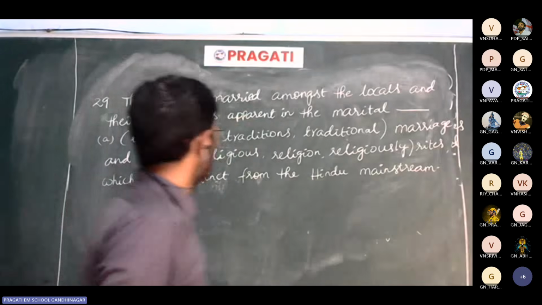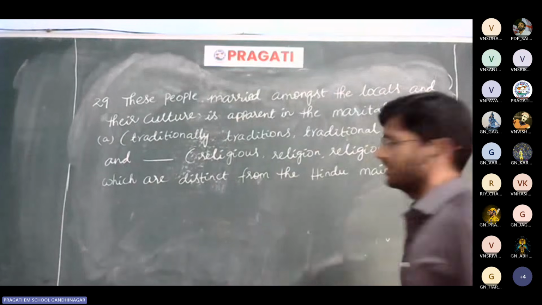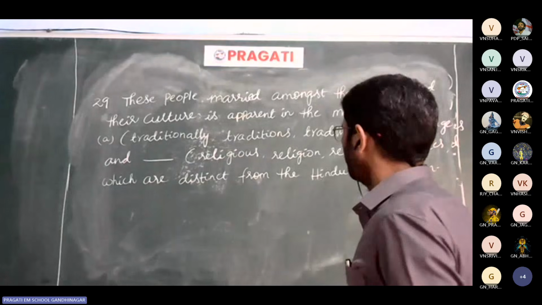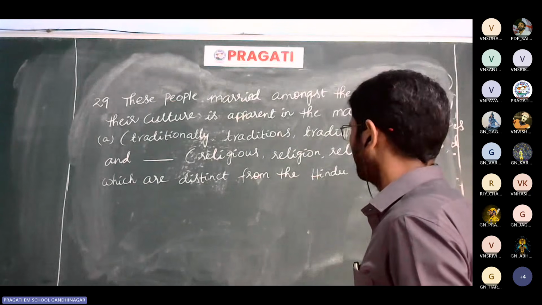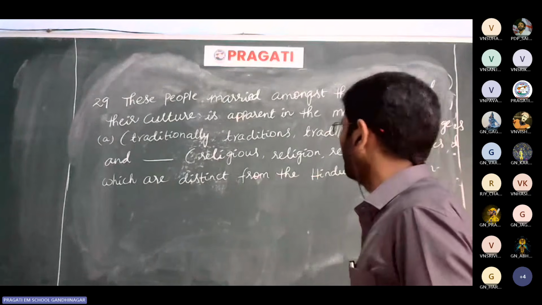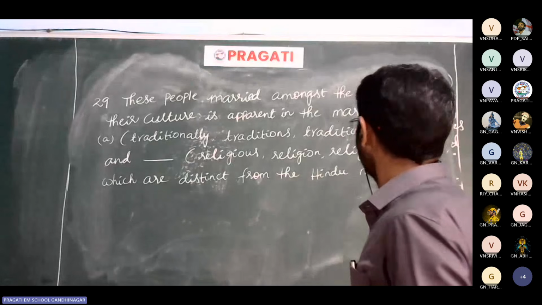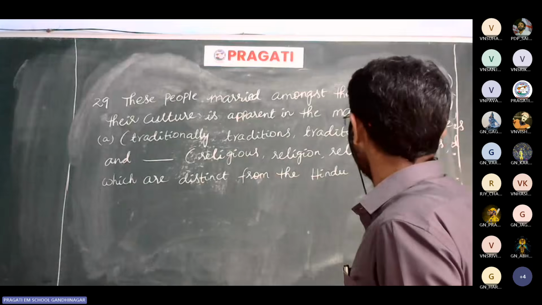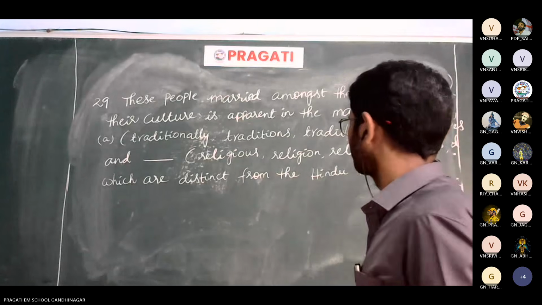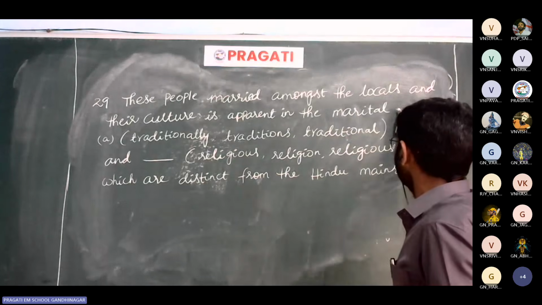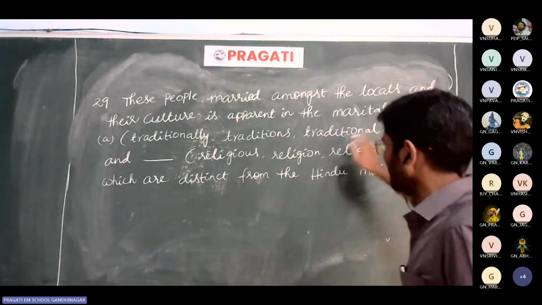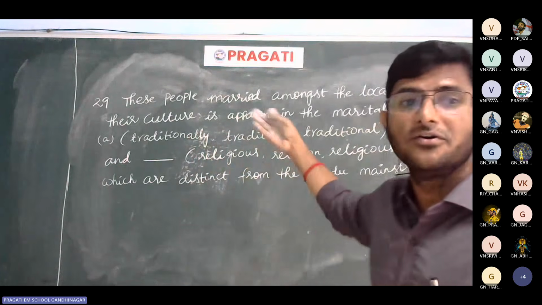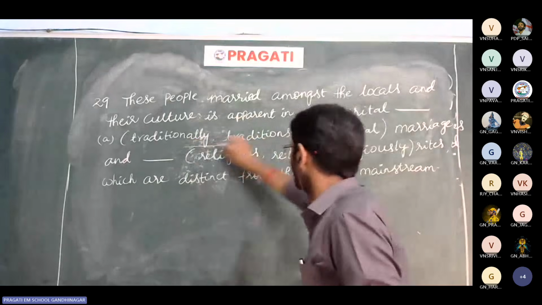Right. So these people married amongst the locals and their culture is apparent in the marital what? Is it marital traditionally or is it marital traditional or is it marital traditions? Okay. So it is very important to see the word that follows after the options given here.